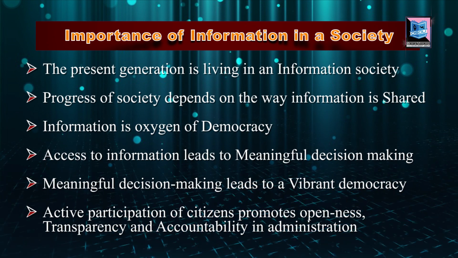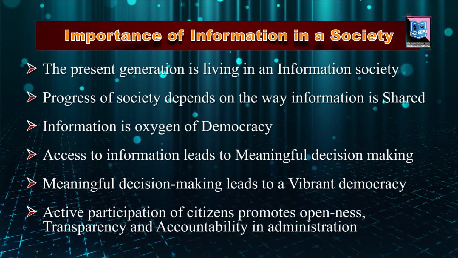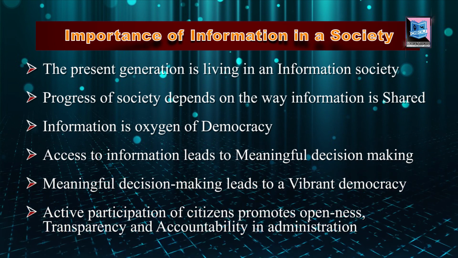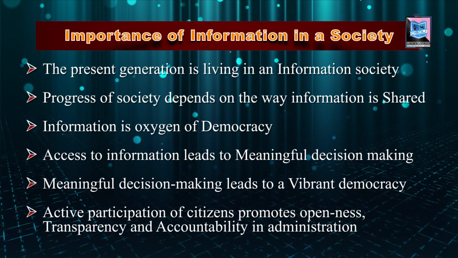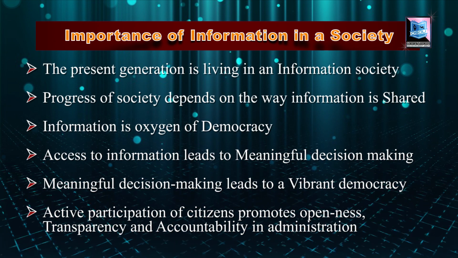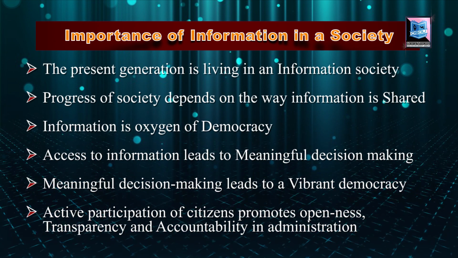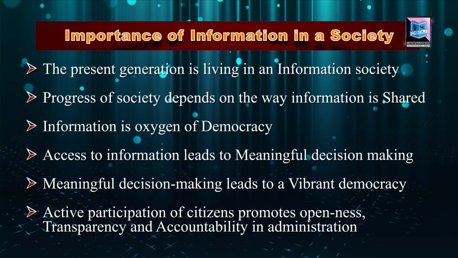Access to information not only facilitates active participation of the people in a democratic governance, but it also promotes openness, transparency, and accountability in administration. So three things are extremely crucial here when we are talking about right to information as a piece of legislation.